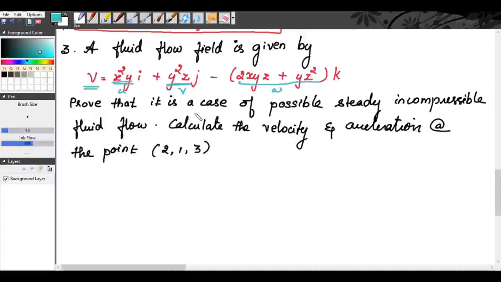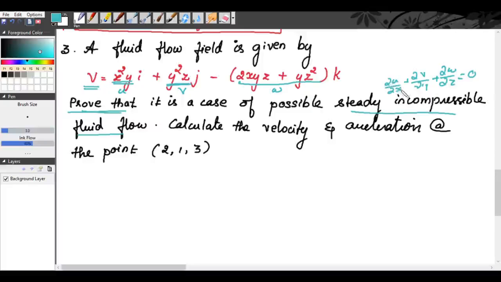Now, we need to prove that it is a case of possible steady incompressible flow. In order to prove this, we need to prove it satisfies the continuity equation, that is dou u by dou x plus dou v by dou y plus dou w by dou z is equal to 0.